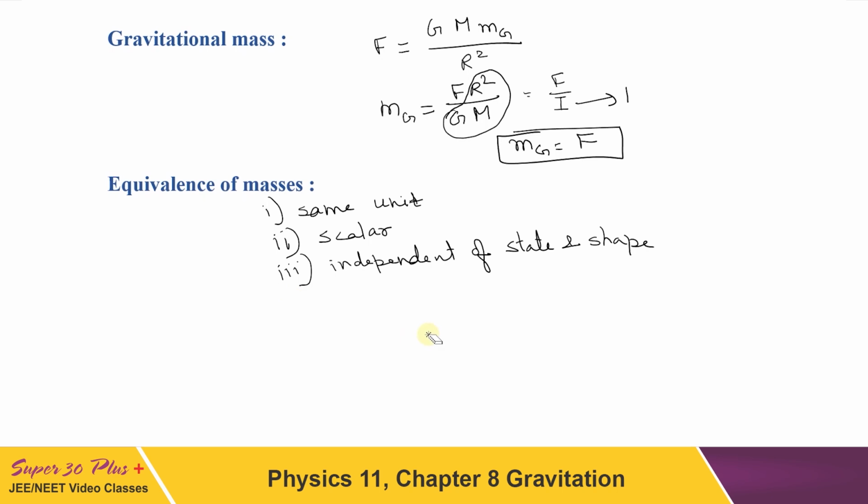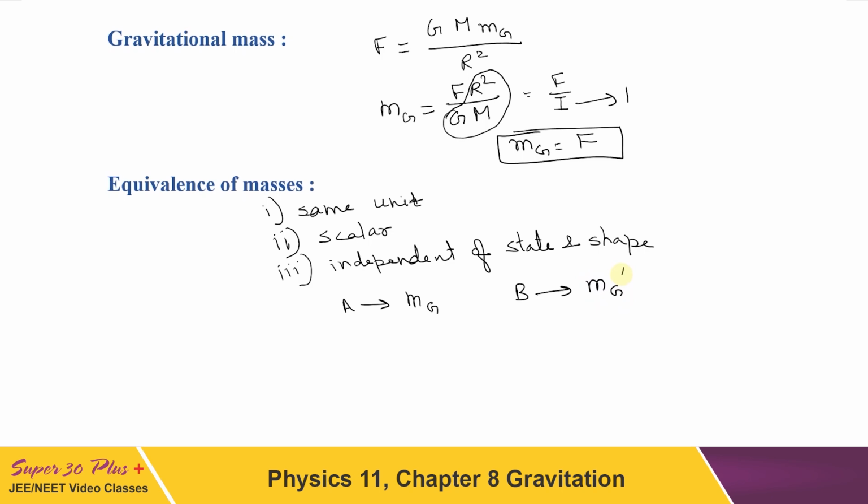Now let us check for their numerical values. Let us consider two bodies A and B of gravitational masses. For A, I am writing the gravitational mass as mg, and for B, this is mg dash. Now let us consider that these are placed at equal distance r from a third body. Let that body be earth.